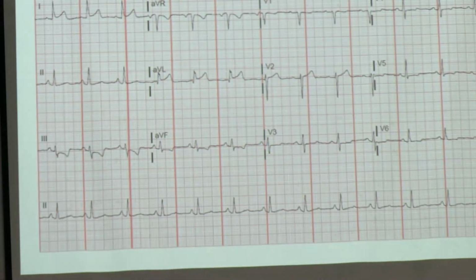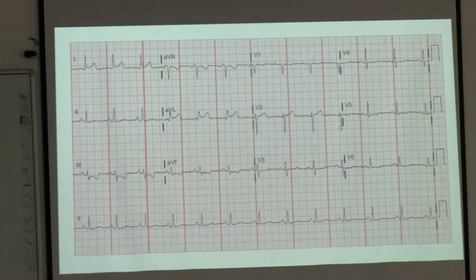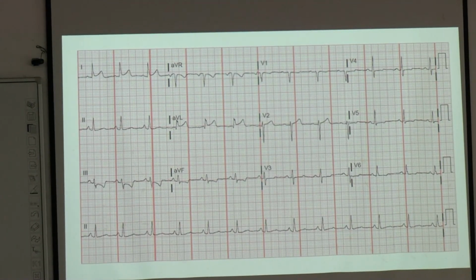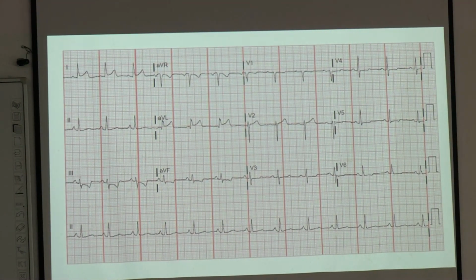If the P wave is present, we call it sinus rhythm, as the source of the P wave is the SA node only, right? So when you see the P wave in the ECG, it is sinus rhythm. There are other types of rhythm that we will discuss in the class on arrhythmia or rhythm disturbances, right? So rhythm is sinus.